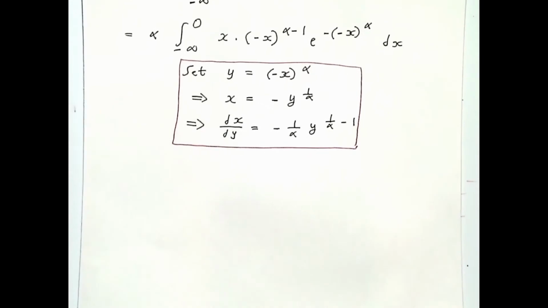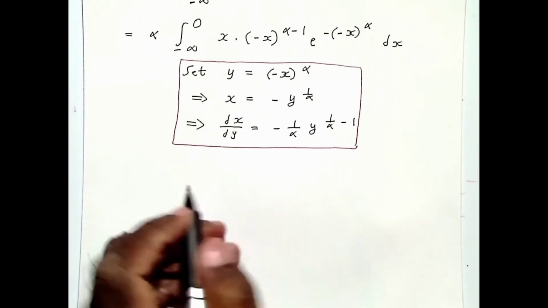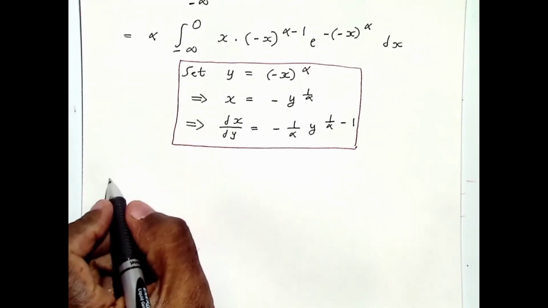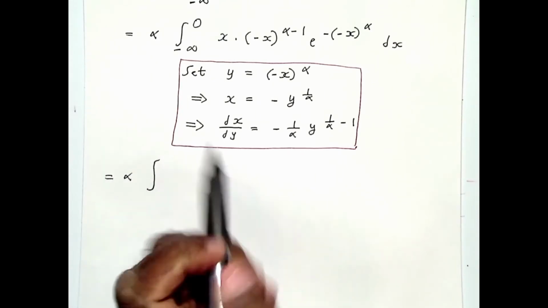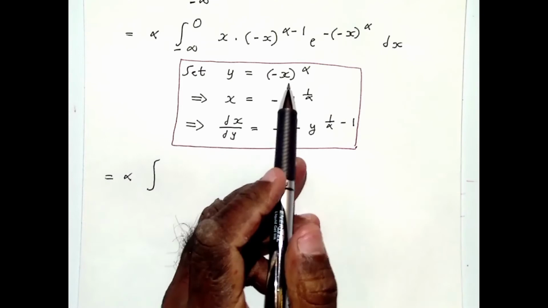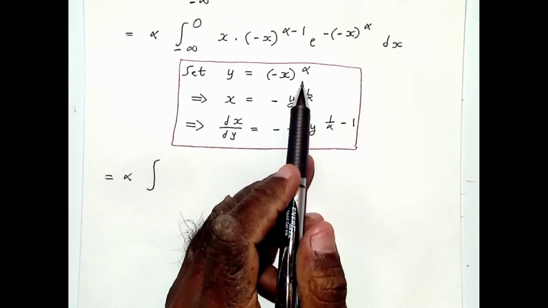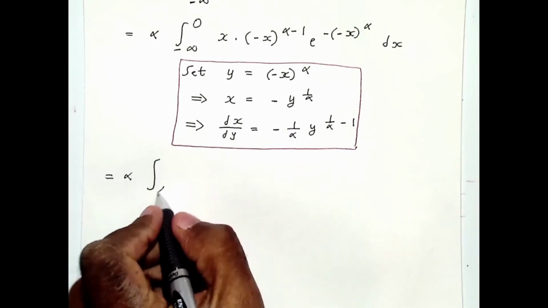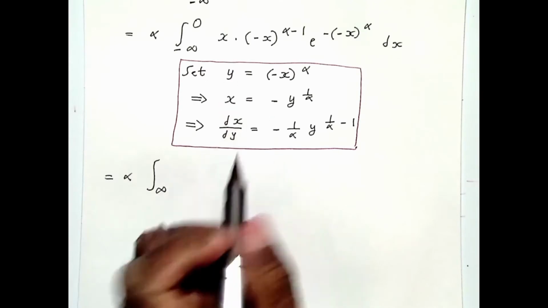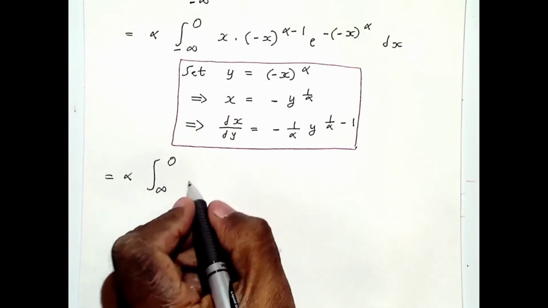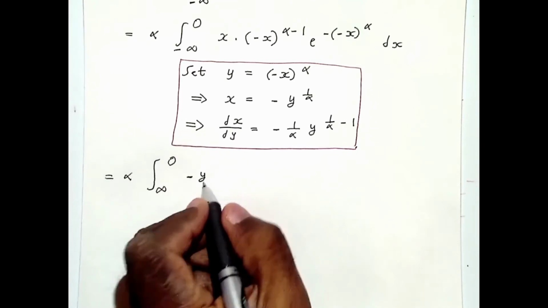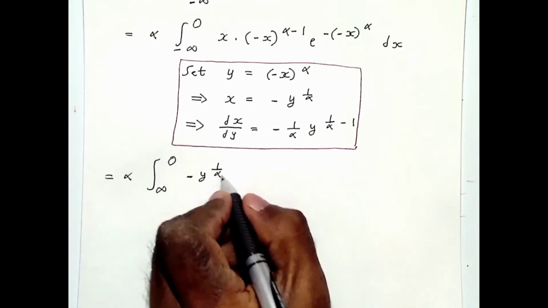Now let's do the substitution. So you get alpha. The limits of integration: when x is minus infinity, this becomes plus infinity, and when x is 0, it is 0. And x you can replace by this.